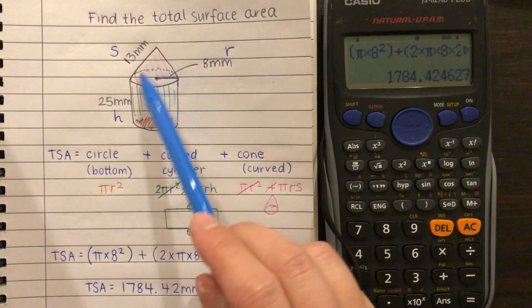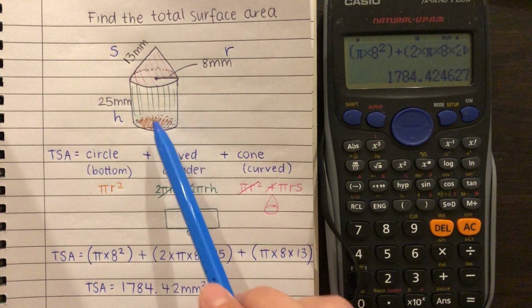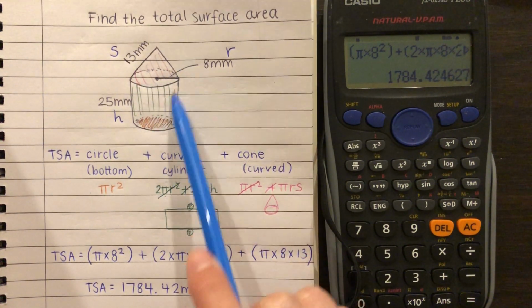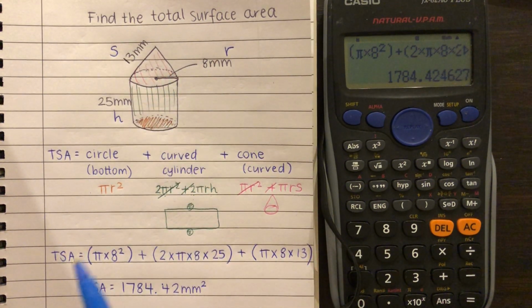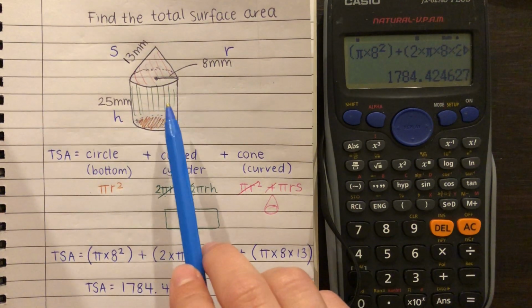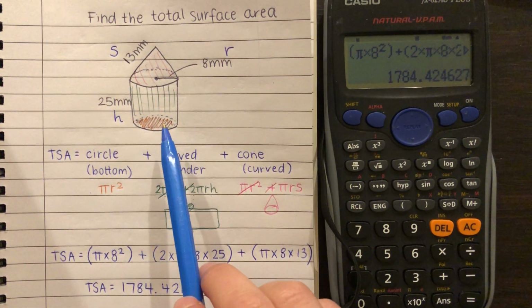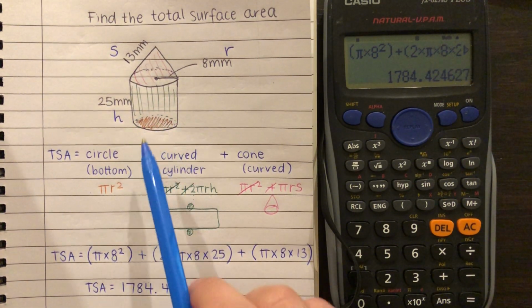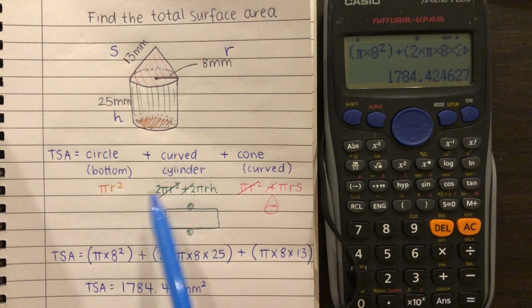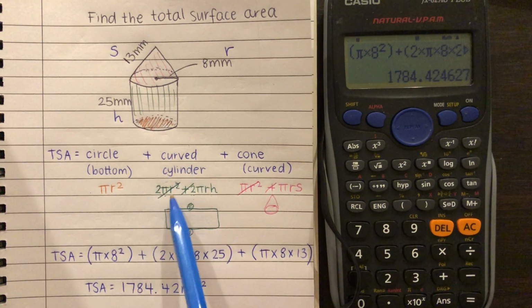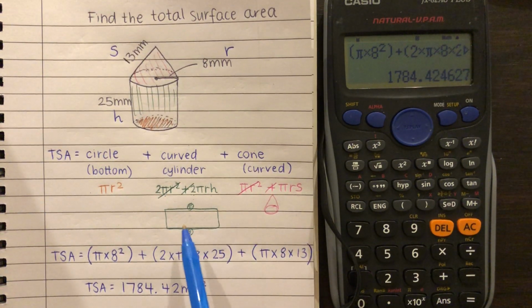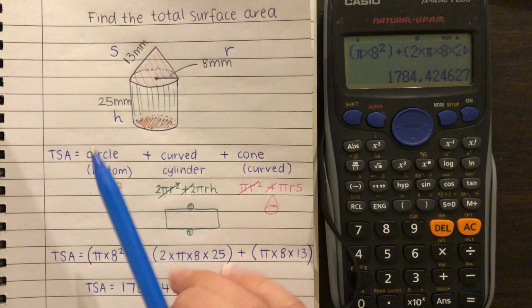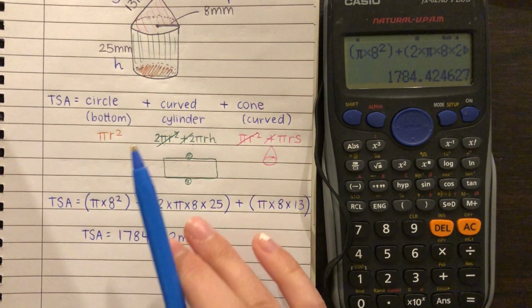We are not interested in any insides because we are imagining that this shape is hollow and there is nothing on the inside. So if you are able to look at this shape and identify which shapes make it up and then take their formulas and cross out which parts we're not interested in, then you will be fine, because this is the hardest part. The rest of it should come naturally.